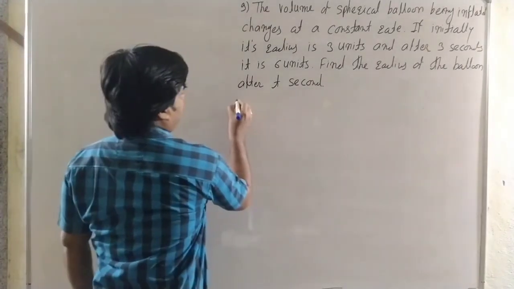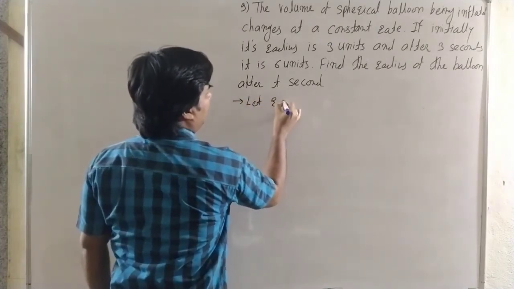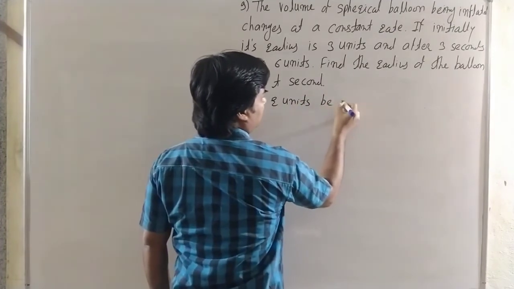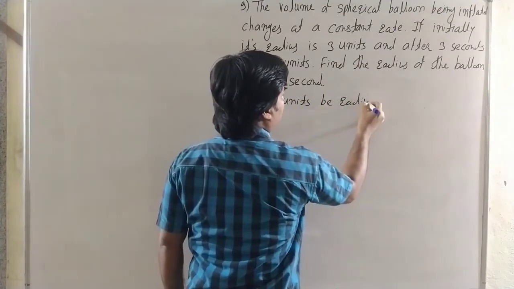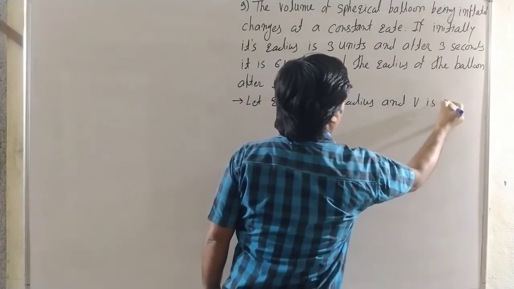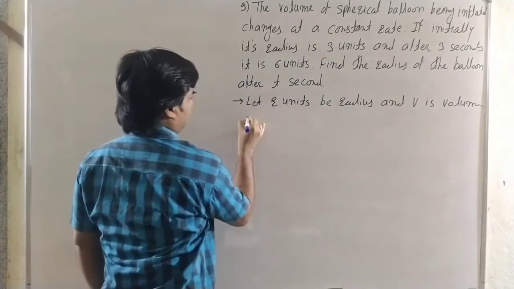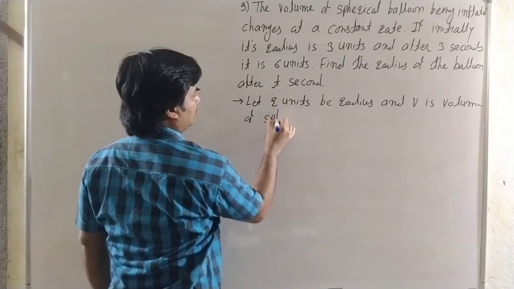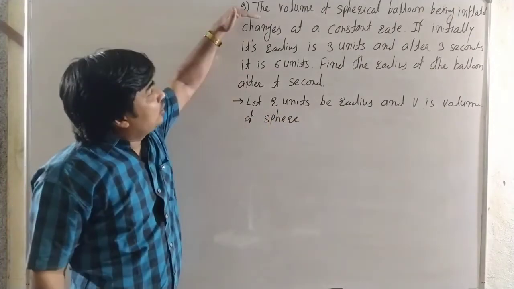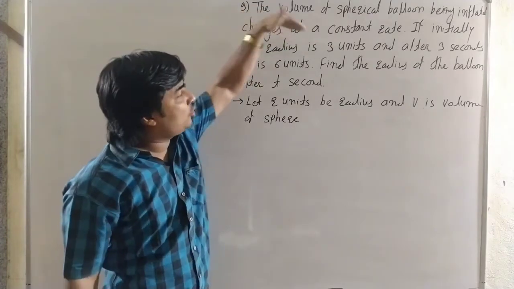Now here, let r units be the radius and V the volume of the sphere. The volume of the spherical balloon being inflated changes at a constant rate.